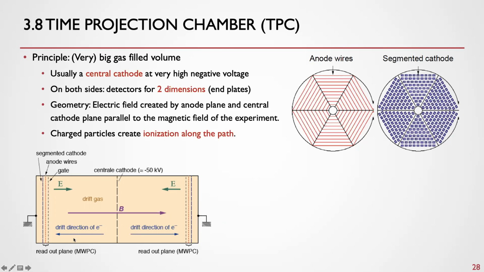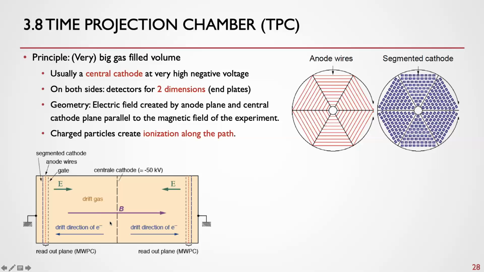These are multi-wire proportional chambers with segmented cathodes. So imagine you have a spiraling charged particle. It spirals because of the magnetic field that you apply by means of a toroidal magnet.